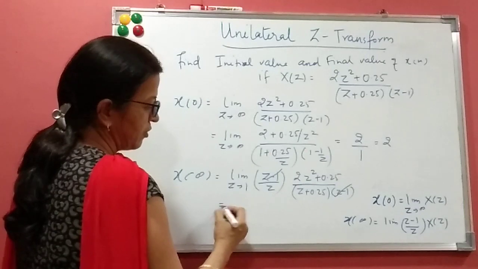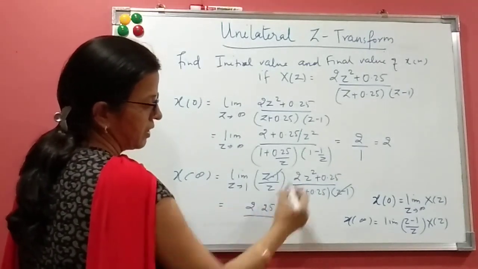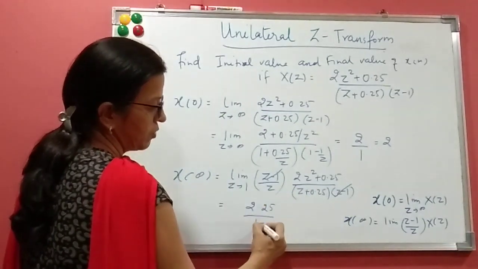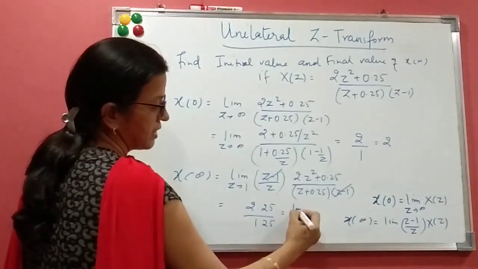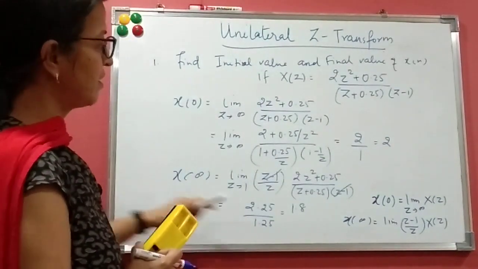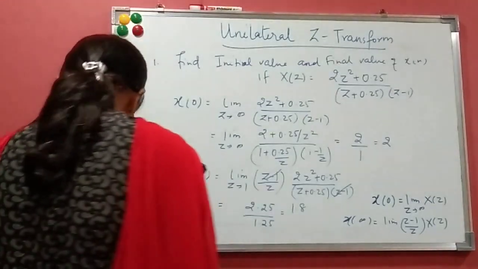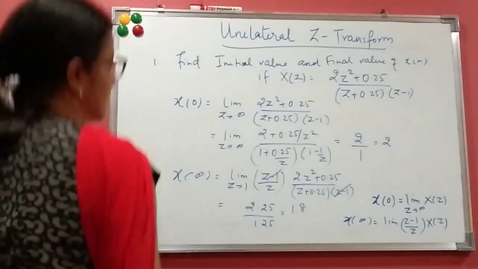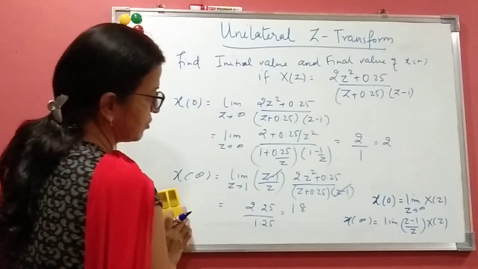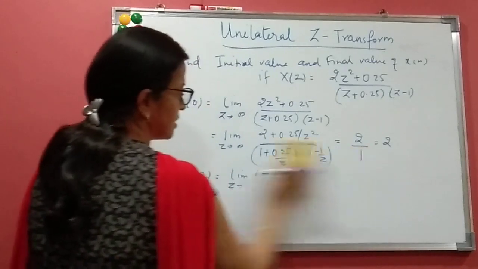Now when you put z as 1, you get 2.25 in the numerator and the denominator is 1 into 1.25. The answer is 1.8. So the initial value is 2 and the final value is 1.8. Hope it is clear. This is the initial and final value theorem used for finding initial and final values. Let us see one more example.